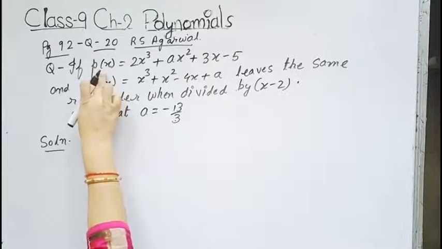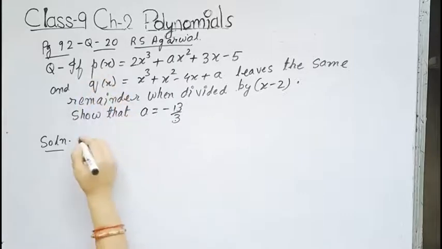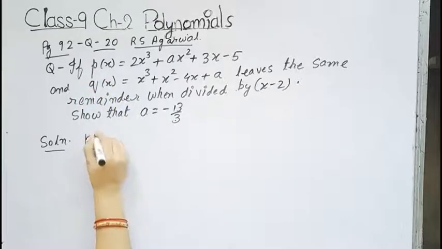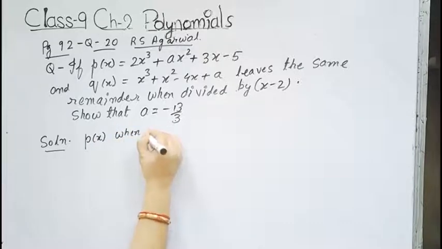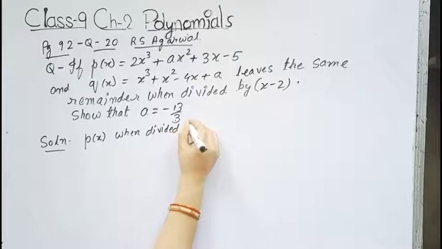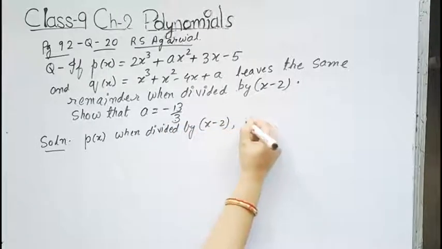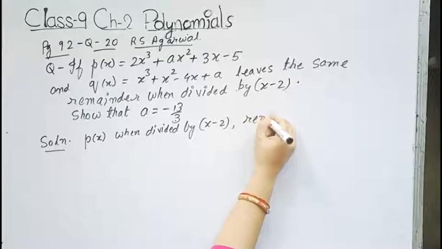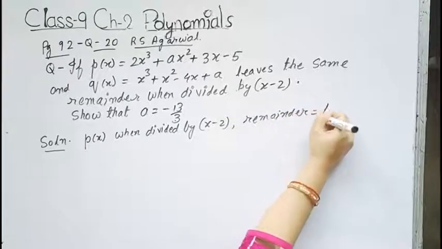Now this polynomial p(x) when divided by x minus 2, remainder will be p(2). So we will write p(x) when divided by x minus 2, remainder equals p(2).